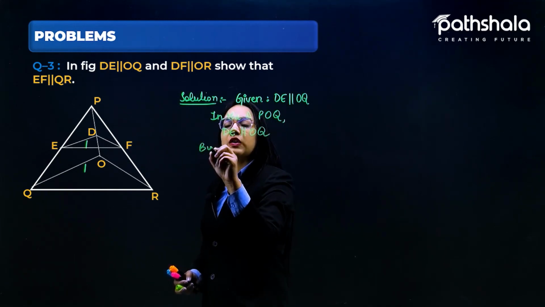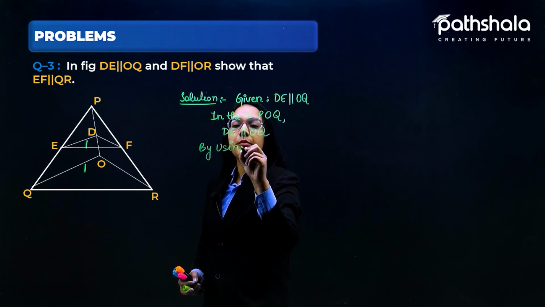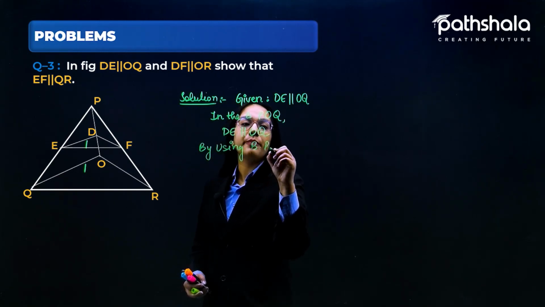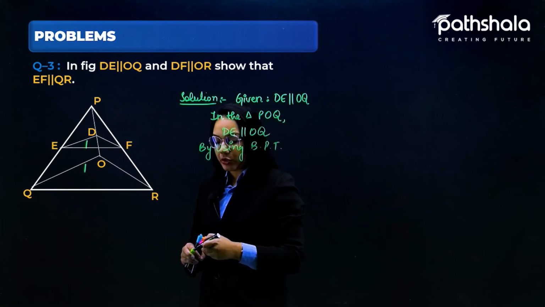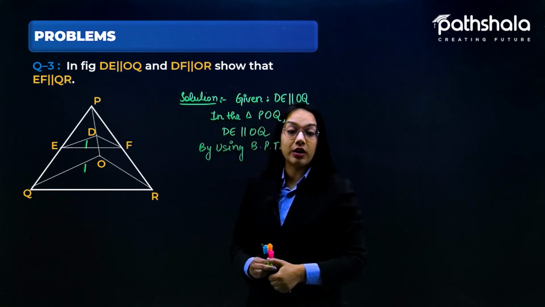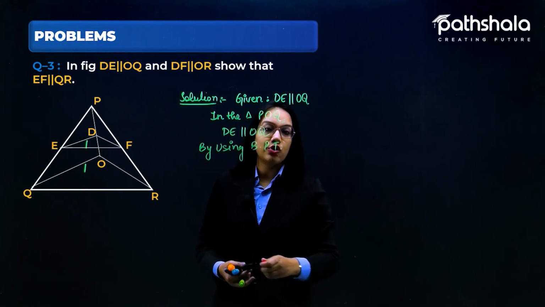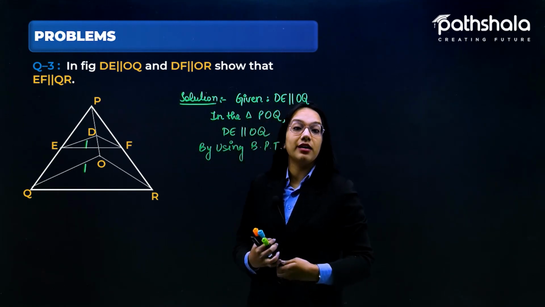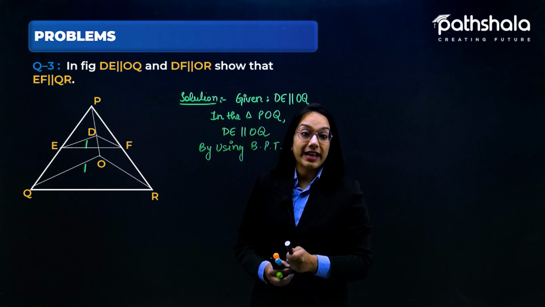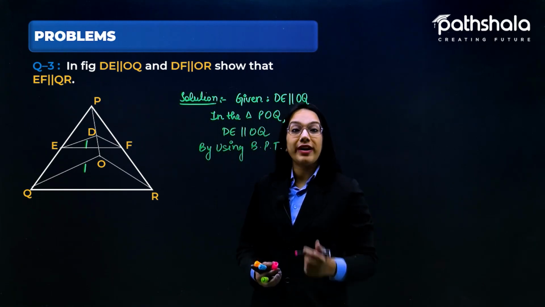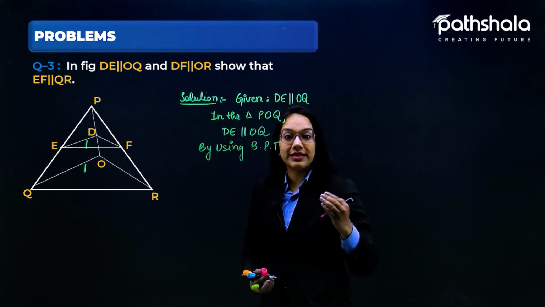Then by using the basic proportionality theorem, that if a particular line is parallel to the third side of a triangle and divides the other two sides at two distinct points, then it divides them in the same ratio.